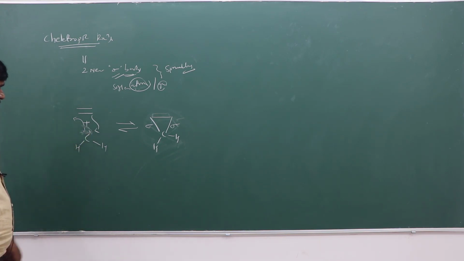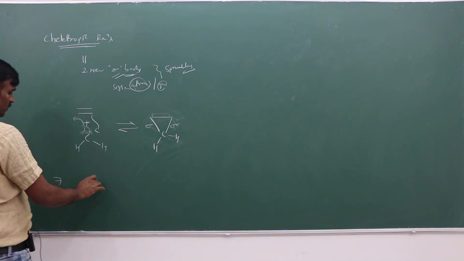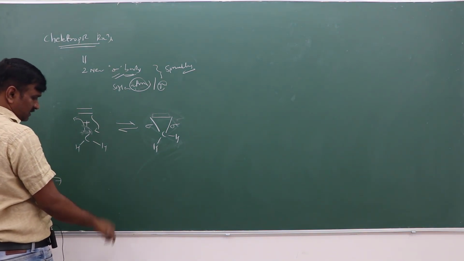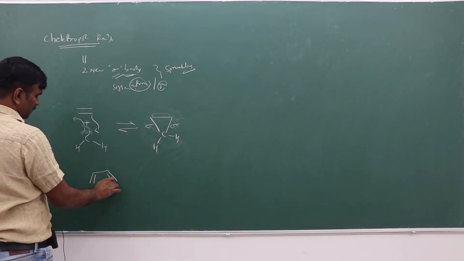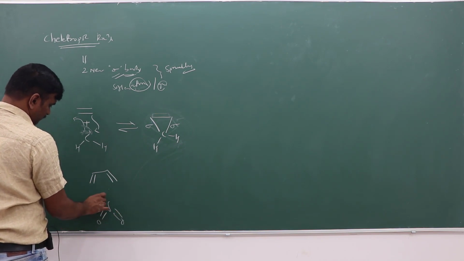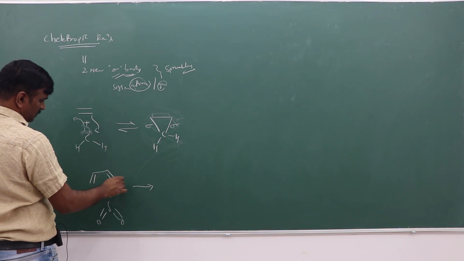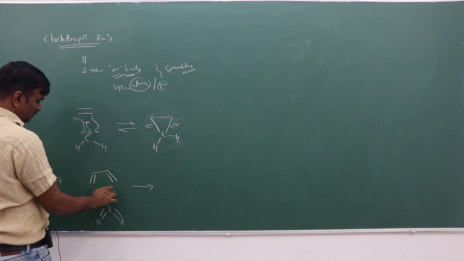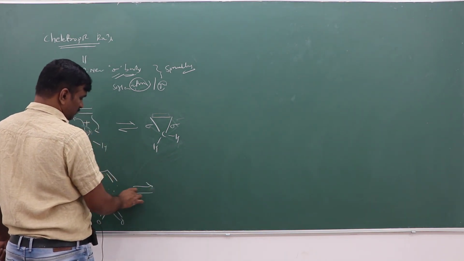Another example of the cheletropic reactions is cis-1,3-butadiene and SO2. Here also it may take place through the cyclic transition state. This is also a reversible reaction.